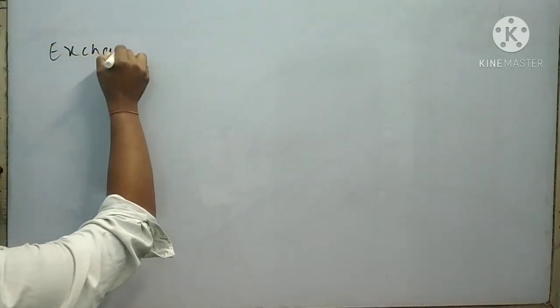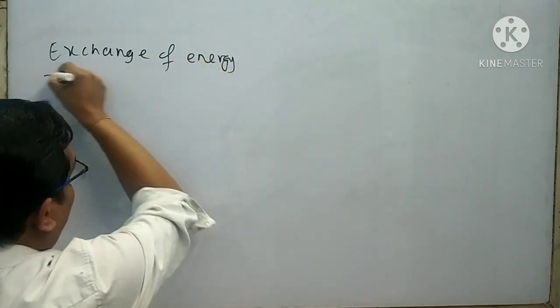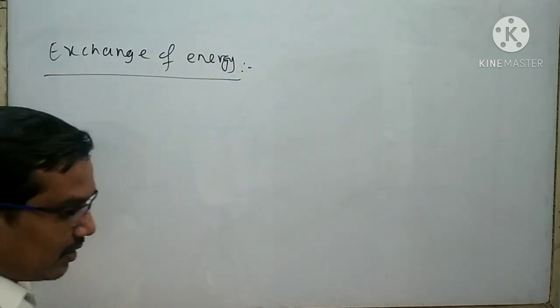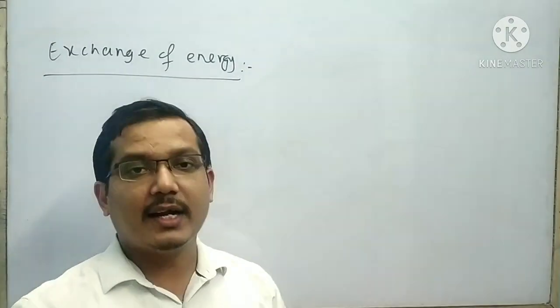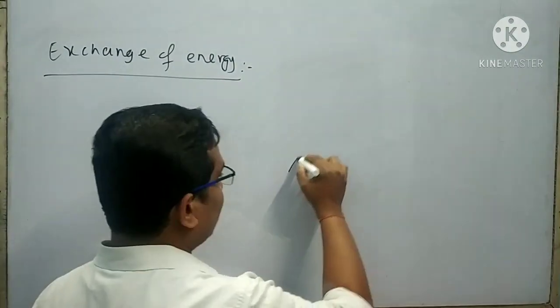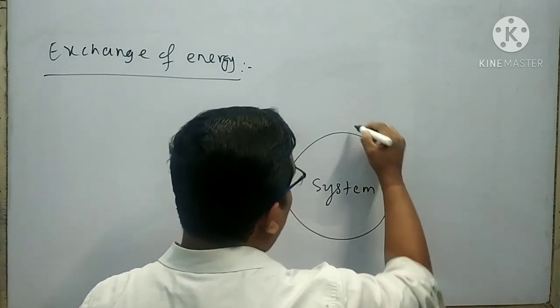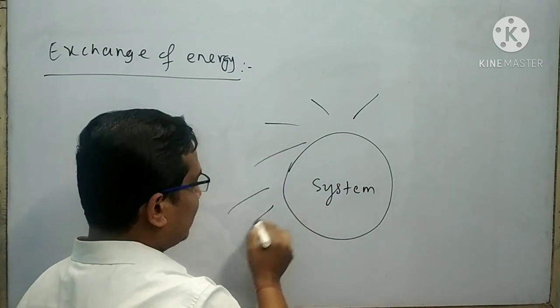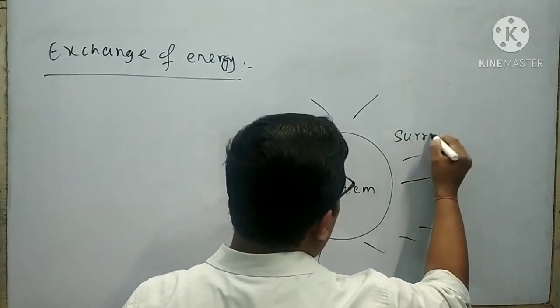Now I am going to discuss exchange of energy. Exchange of energy means the exchange of energy between system and surrounding. Suppose this is your system and the other parts except this system are called surrounding.